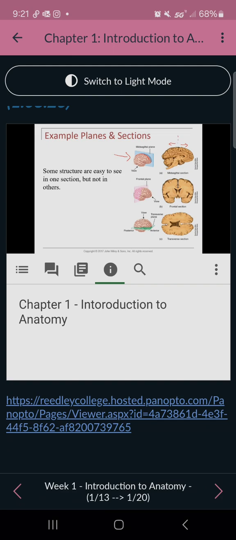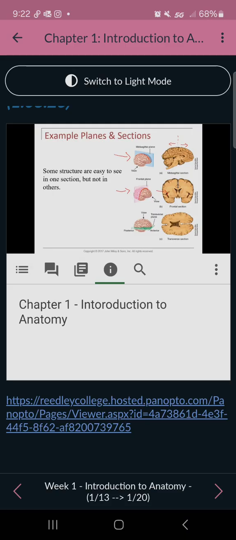Next we have the frontal plane, where you're dividing the brain between the front and the back. Here we can see an example of a frontal section of the brain.